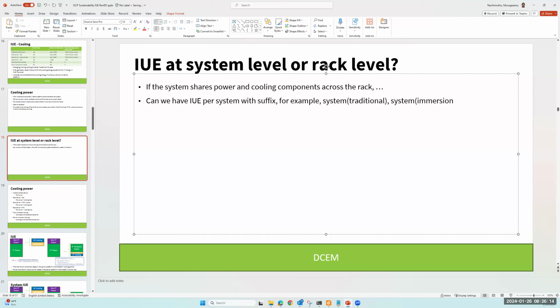People have not deployed immersion on a wide range yet, right? So that means you need to roll it up based on DC to rack to node. So you cannot have one factor per system, unless the system is designed only that way. Then still, do we want to indicate the type?